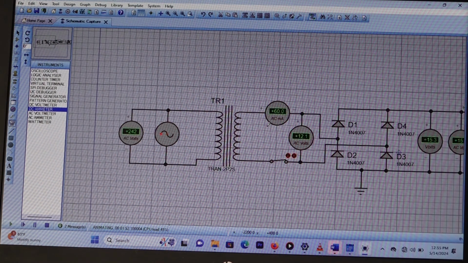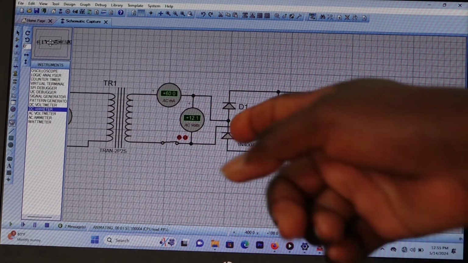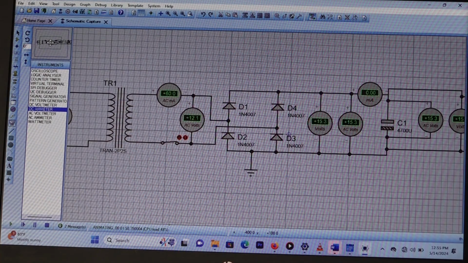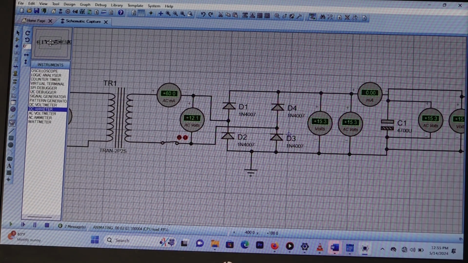So let us check again. What do we have in the bridge rectifier? Wonderful. The input voltage of the bridge rectifier is still the same, 16.97 volt at the maximum. But the output of the bridge rectifier is 15.3 volt. Previously it was 15.8 volt.